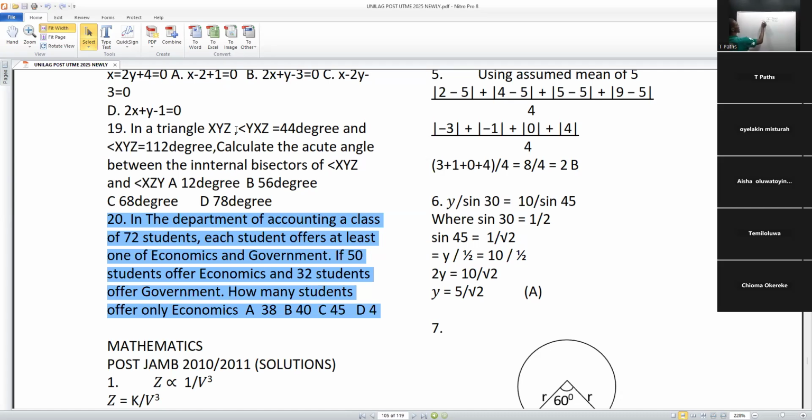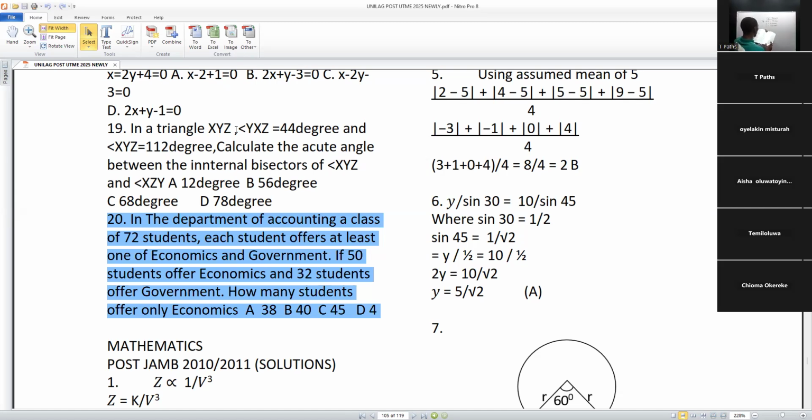So I have economics unknown, government unknown. If 50 students offer economics and 32 students offer government.